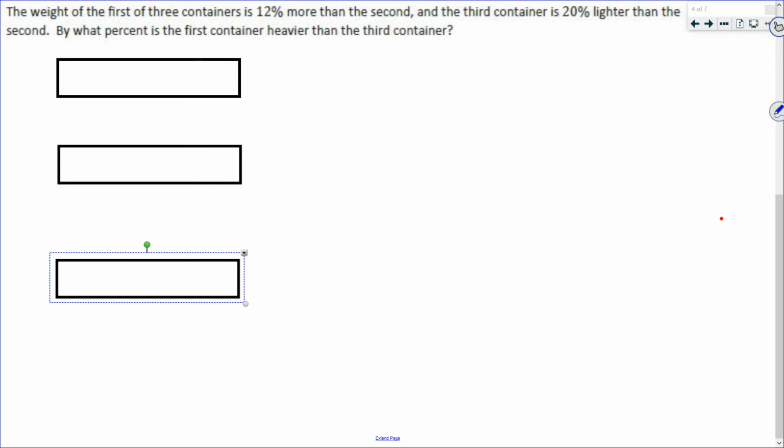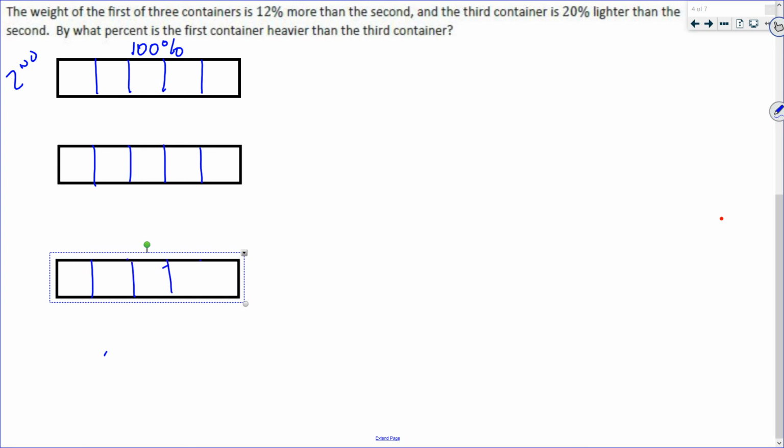I think blue is going to be a good color. This is the second container. It's going to be broken up into 1, 2, 3, 4, 5 individual sections, but this still represents 100%. So each of these is broken up into 5 individual pieces.